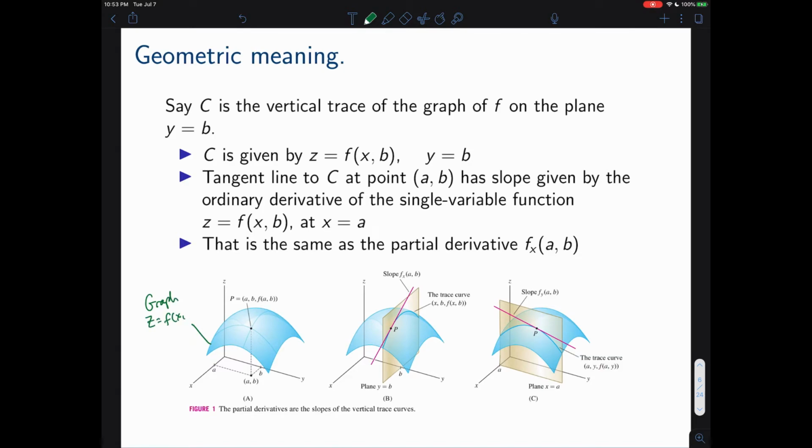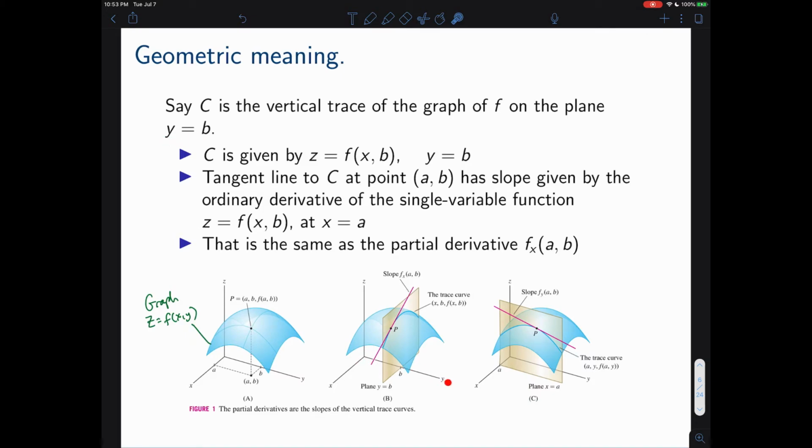And on this first chart, you can see a point (a, b) is marked, and you can see that in the graphic they've marked two curves passing through the point above (a, b) on the graph. And those are the vertical traces of this graph. So we're going to start with the vertical trace given by the plane y equals b.